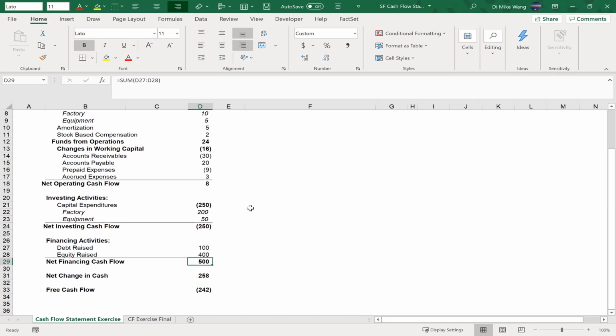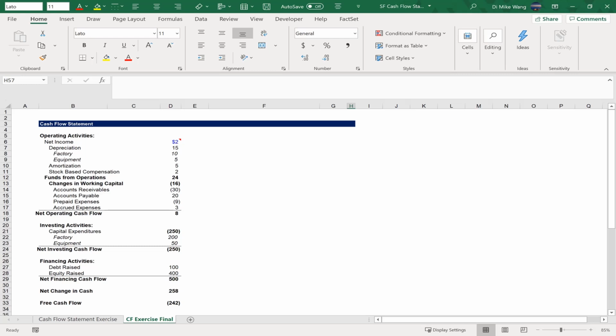Intuitively, this makes sense since we're just starting out and we require financing to fund our startup. But further on into our business, we will scrutinize the free cash flow figure to see how much cash, if any, is left over after operations and maintenance of capital assets. And just to review, these items here are capital assets.